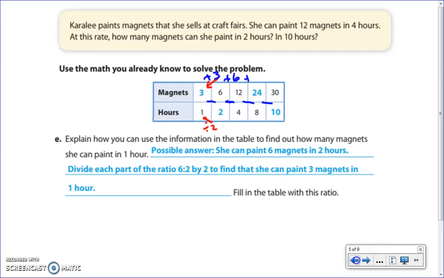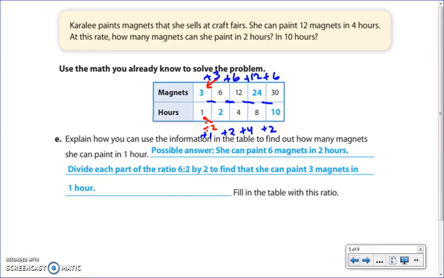We did +6, we did +12, we did +6 again. So it kind of increased in different levels each time as we were looking at the magnets. And same way with the hours, we went from 1 to 2, from 2 to 4, just +2, +4, +2 again. There was no specific pattern that was observable in the table.